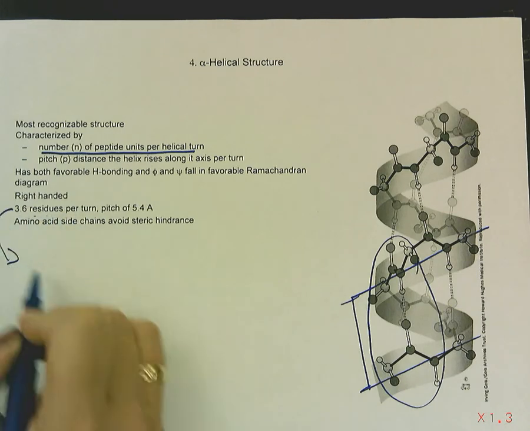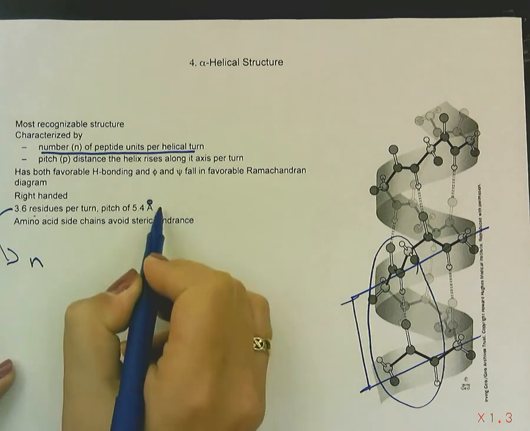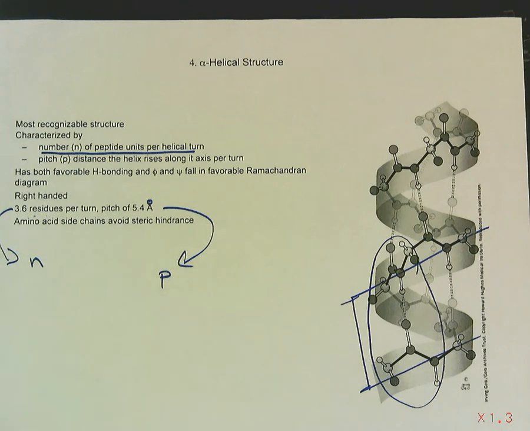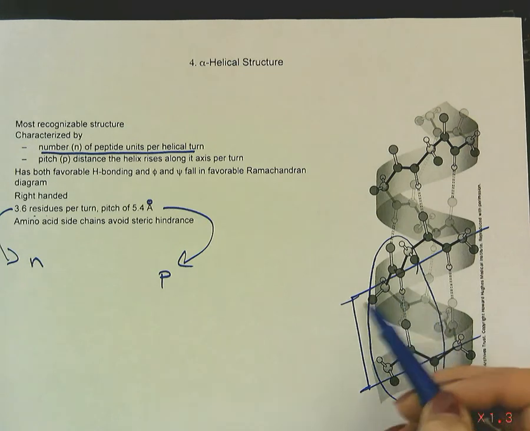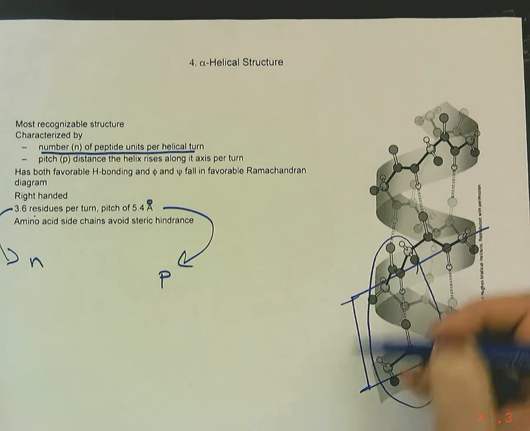So 3.6 is N. It has a pitch of 5.4 angstroms. So that would be P. So 3.6, they're saying this is 1, 2, 3, and a little bit to get to right on top of each other. 3.6 comes that way.